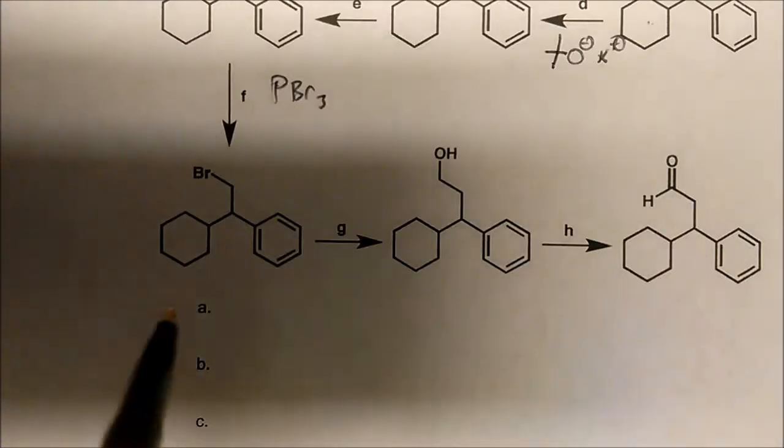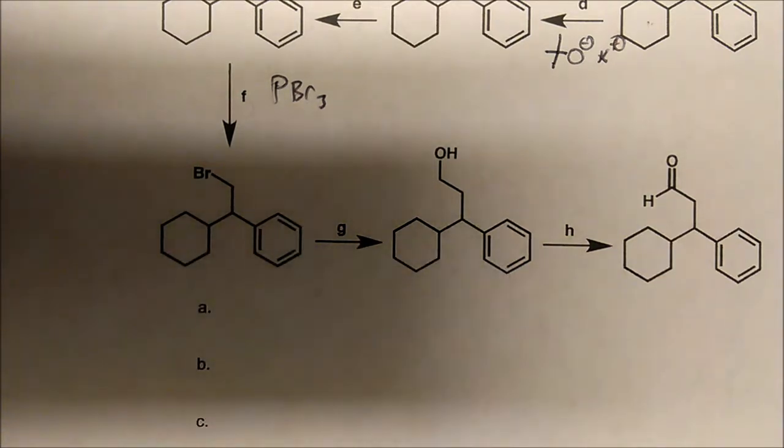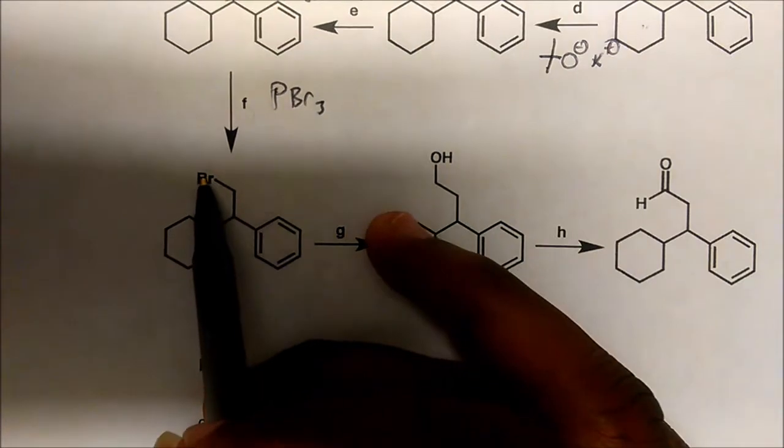Now we have this product here. We want to see how we get from here to here. Again, I'm looking to see if my carbon chain is extended. I've created an alcohol, so this has to be some sort of Grignard chemistry. So maybe I could use this as my reactant.